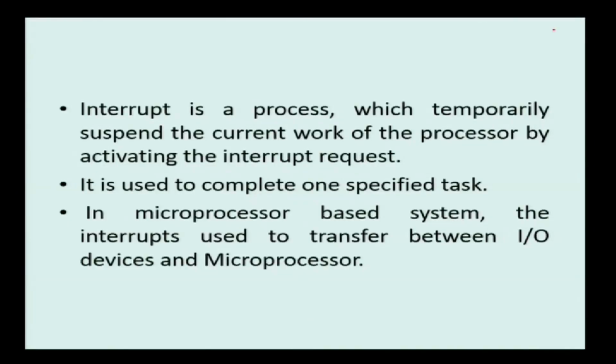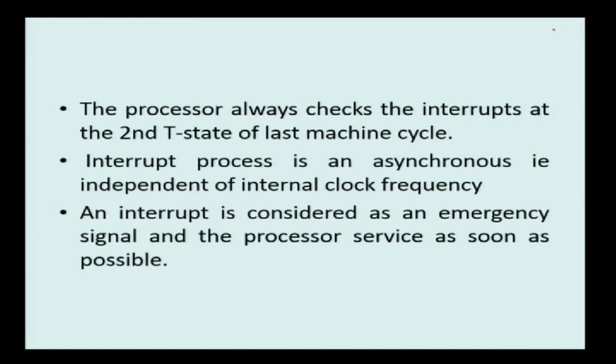After receiving the interrupt, the processor temporarily suspends its current work, then switches over to the specified location. Once the interrupt is received, the processor completes the specific task. The processor may respond immediately, or a delayed response may be performed. Each interrupt has a specific location, a specific subroutine.